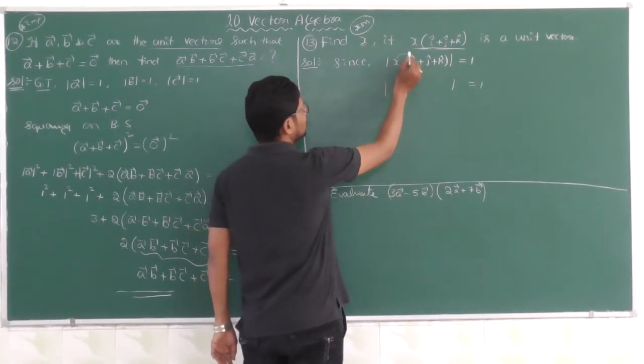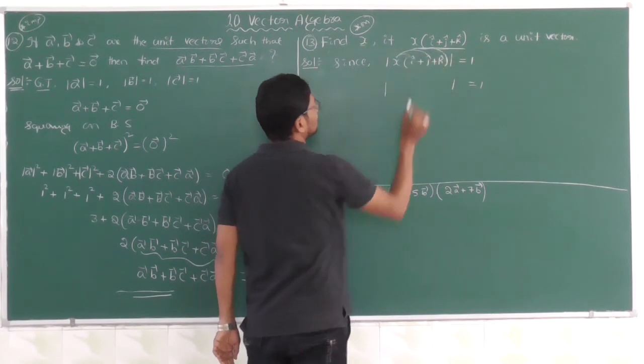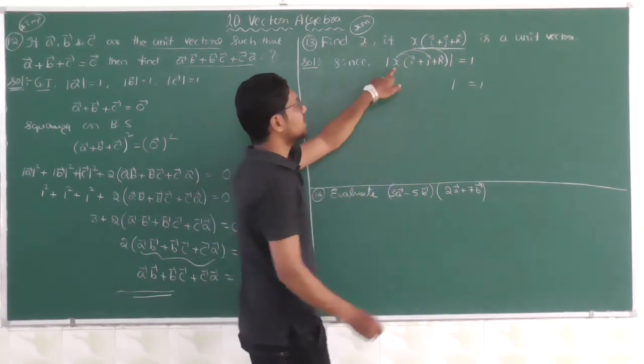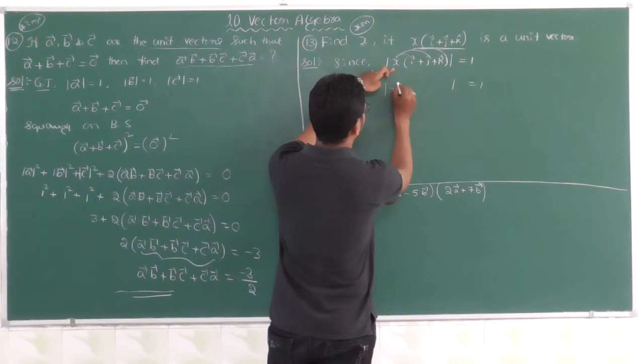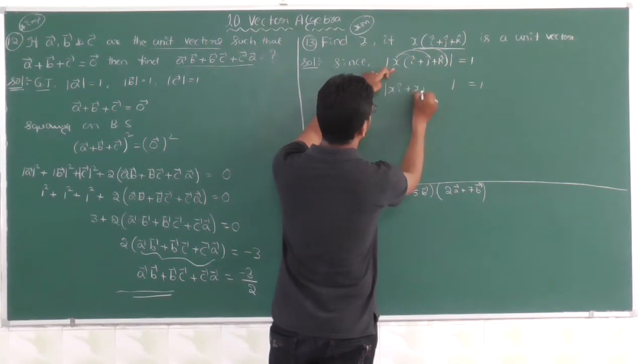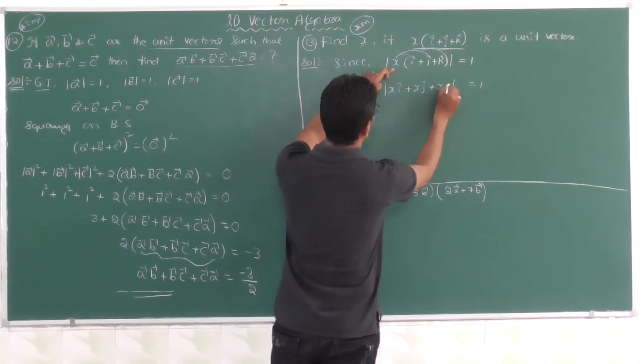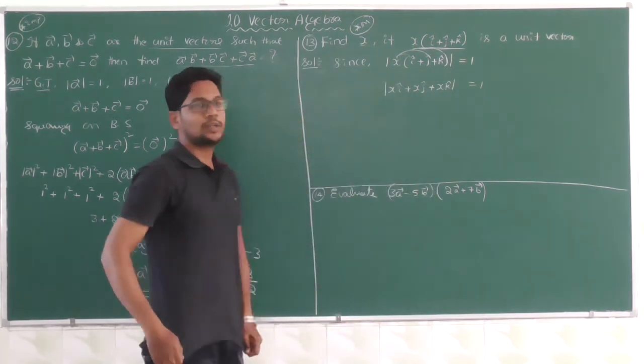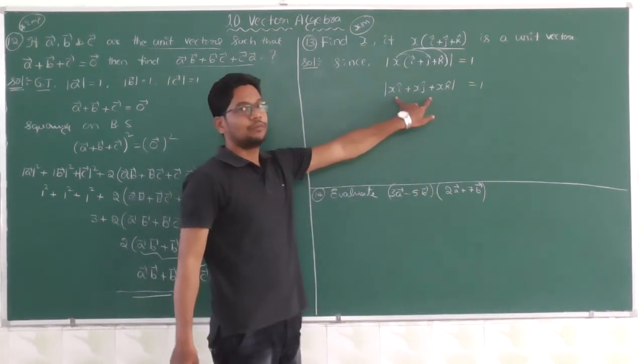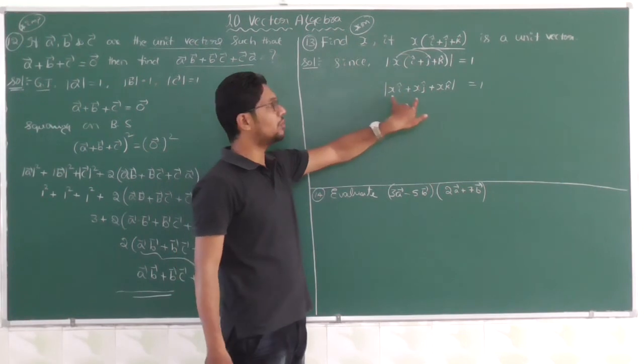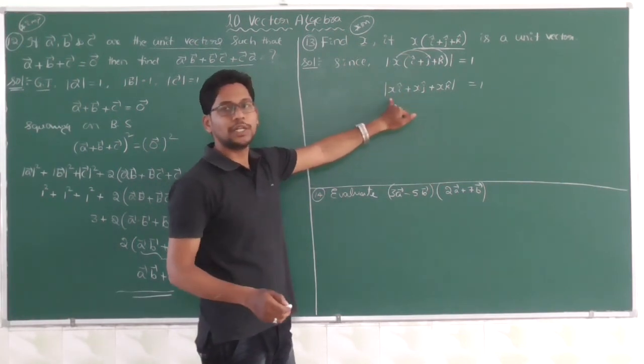Next, multiply this x inside the brackets: x i cap plus x j cap plus x k cap. Here we have to find the magnitude. How to find the magnitude?